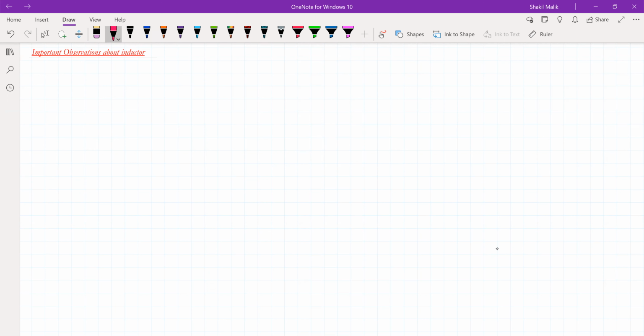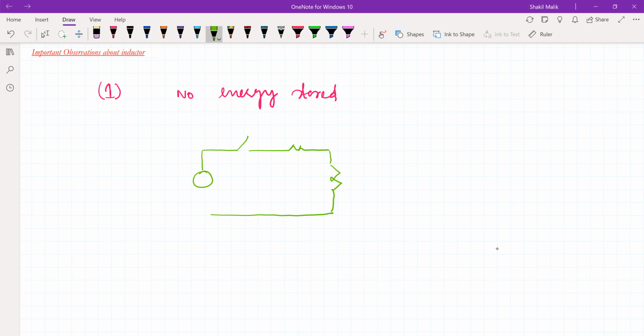Now, the first observation that we have about this inductor: if the inductor has no energy stored, and we connect a source to this inductor like this, then the behavior of the current that flows in this inductor after we close the switch at t equal to 0 is like this.